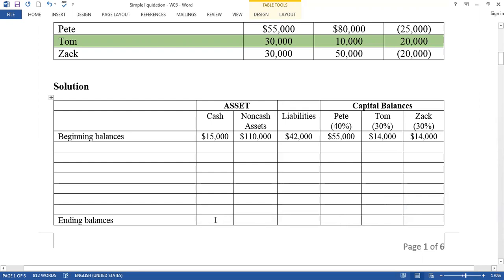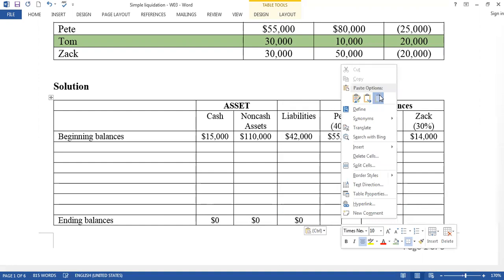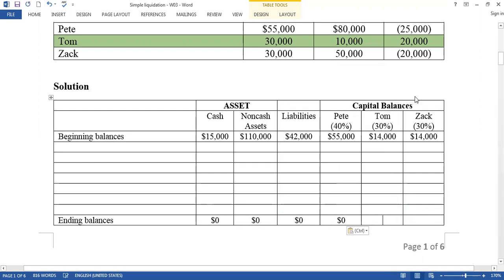It should be 0, because we are going to close our business, which means everything should become 0. So we know our beginning balance and our ending balance, right? Do you understand here?